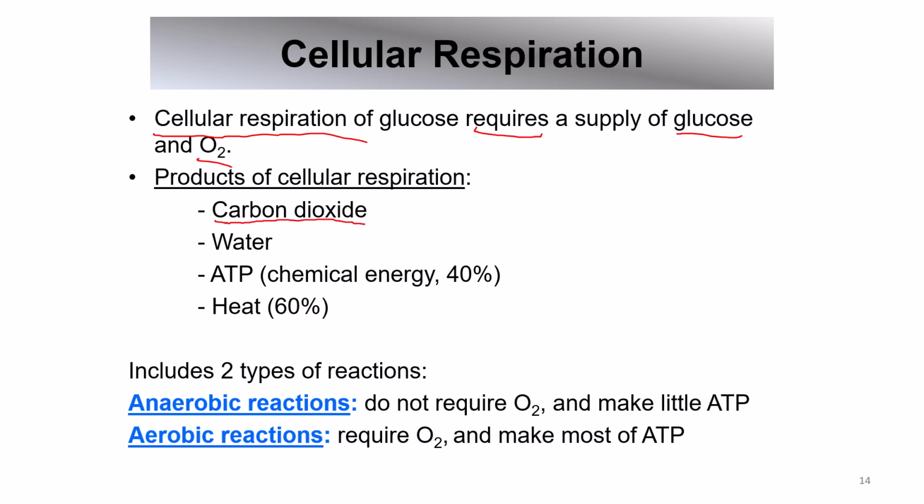Carbon dioxide, a little bit of water. We make ATP, but again here the ADPs are getting turned to ATPs, and we do get heat. At the bottom are those two terms again. Anaerobic, if you see this word, it means oxygen is not being used. It's not required. But unfortunately, if you don't use oxygen, you're not going to make much ATP. But aerobic, this means, yep, oxygen is used.